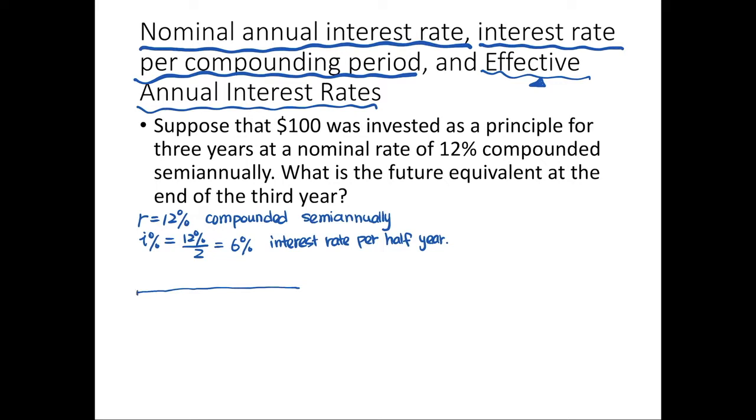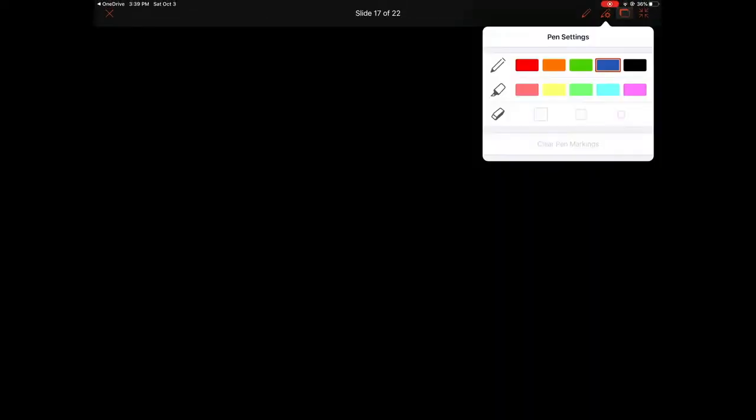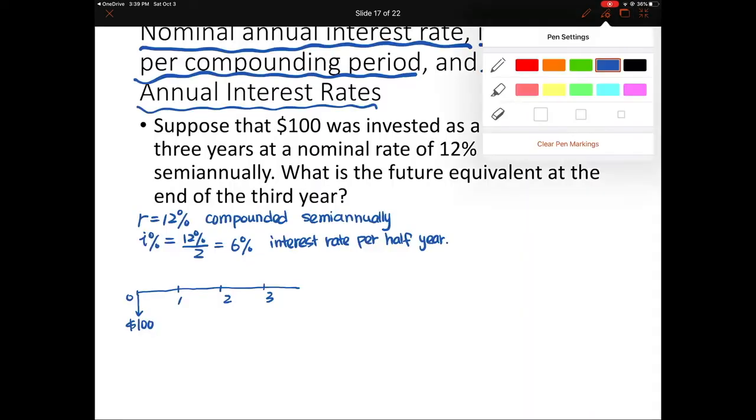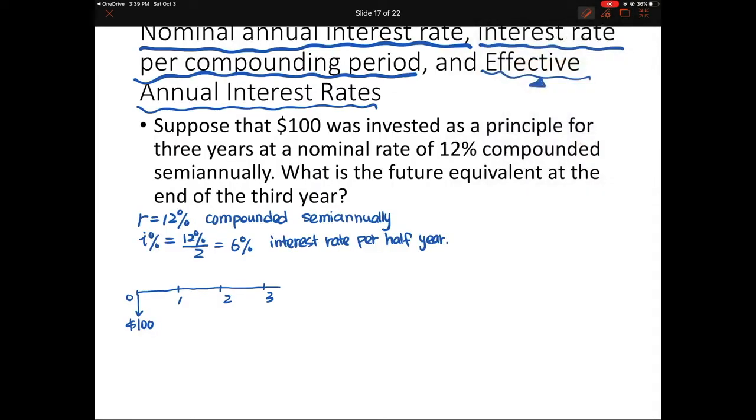So at the present time you have $100 spending, and you got 1, 2, 3 years to go. So what is the future equivalent of this cash flow?